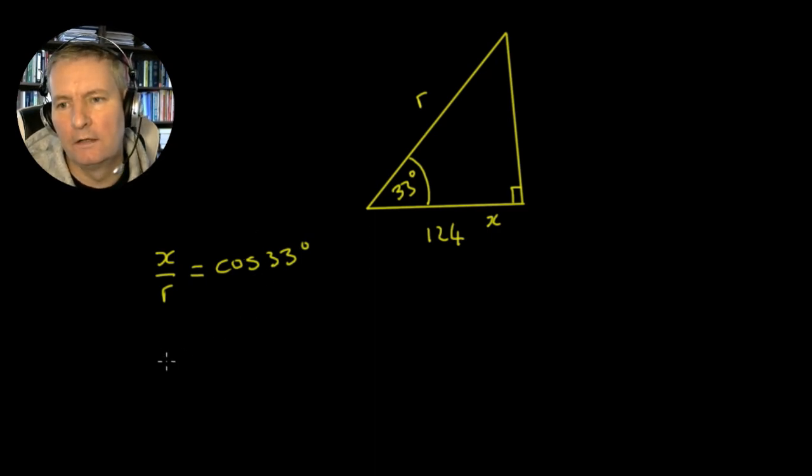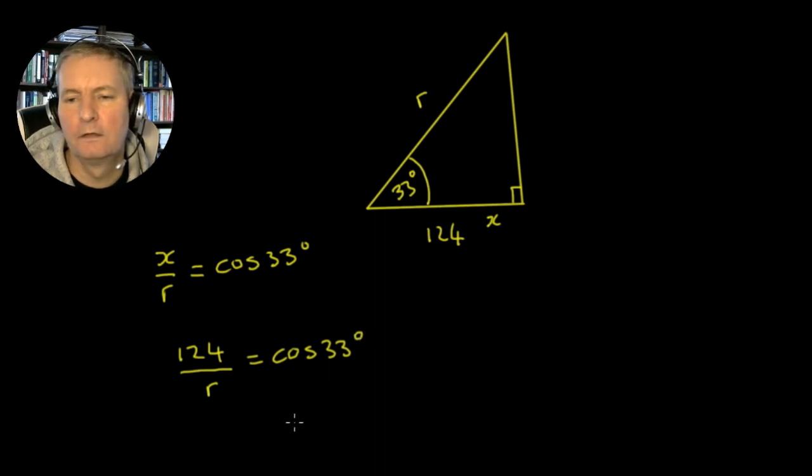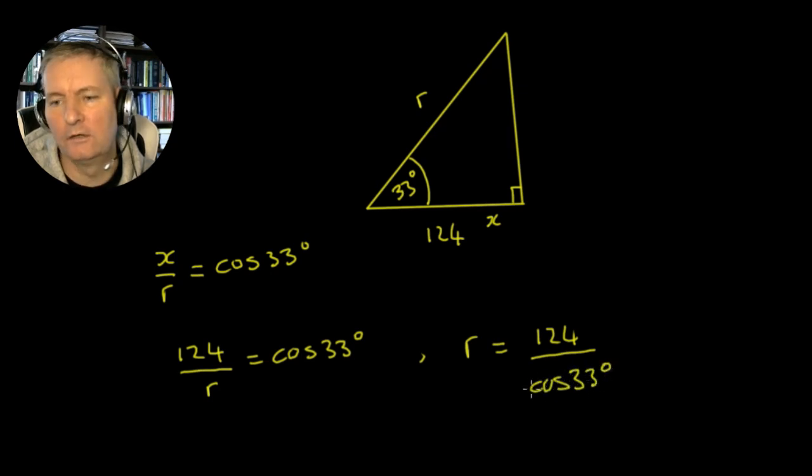So we can say then that the distance of 124 divided by r is equal to the cos of 33 degrees. So therefore we can say that r is equal to 124 divided by the cosine of 33 degrees.